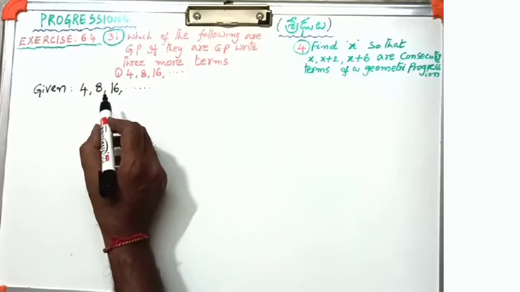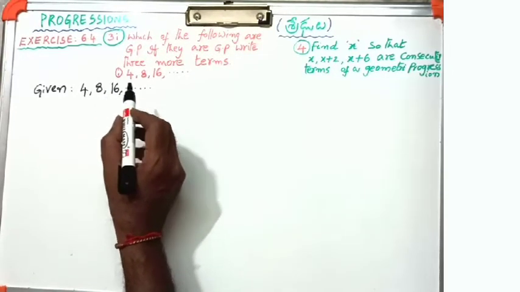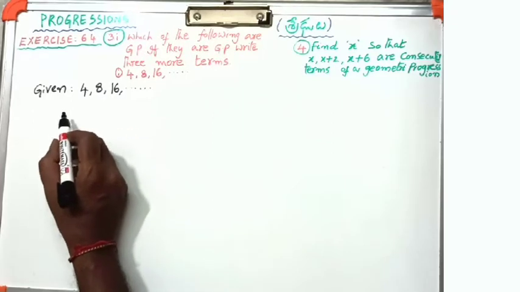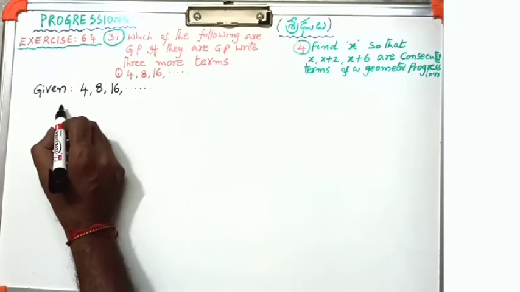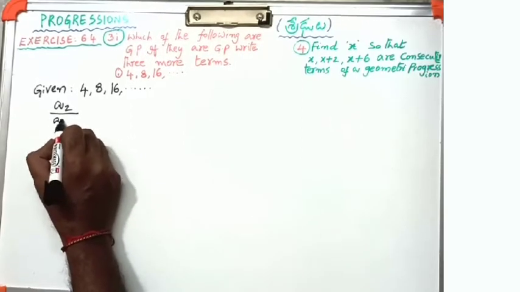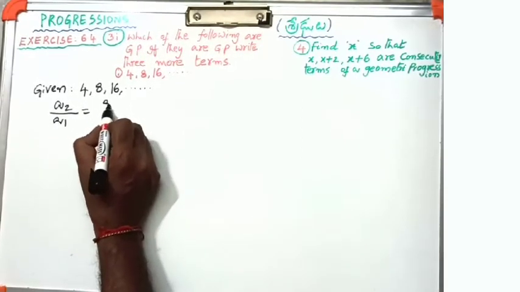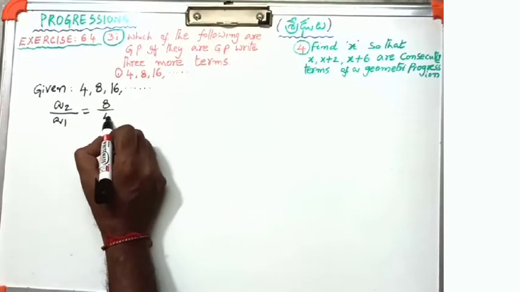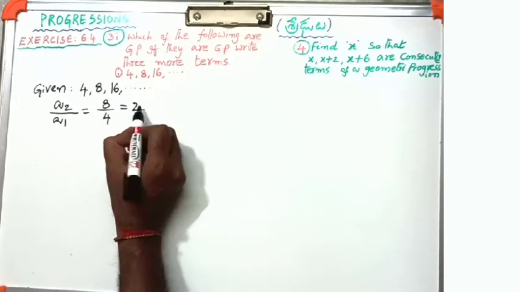Each term is obtained by multiplying its preceding number by a fixed number, then it is called a geometric progression. That fixed number is called common ratio. Now let us verify that. A2 by A1 is equal to 8 by 4, that equals 2.